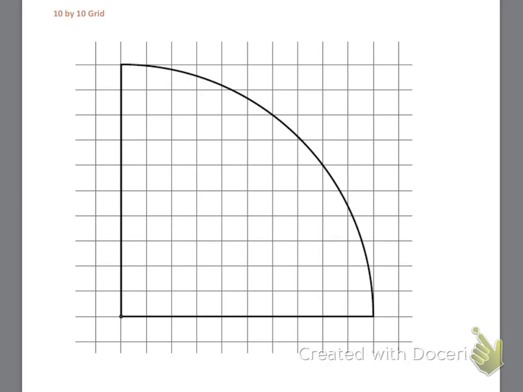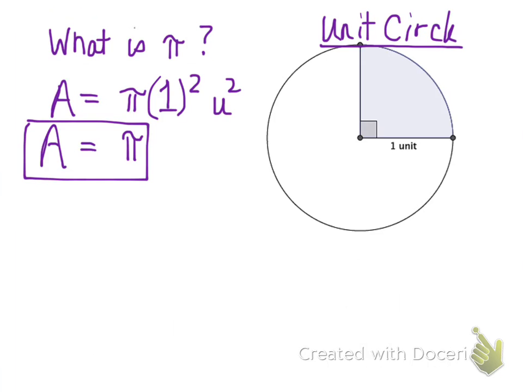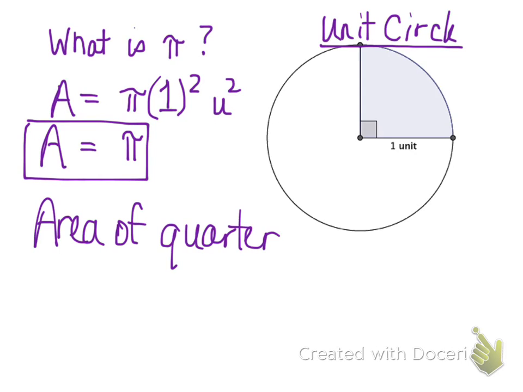You want to do this. So this is a quarter circle, right? And a quarter circle is marked on here. So if the area of the whole circle is pi, the area of the quarter circle is equal to pi divided by 4, right?